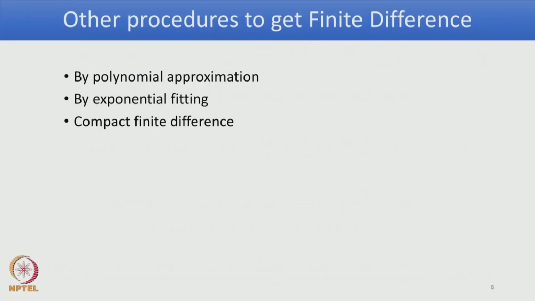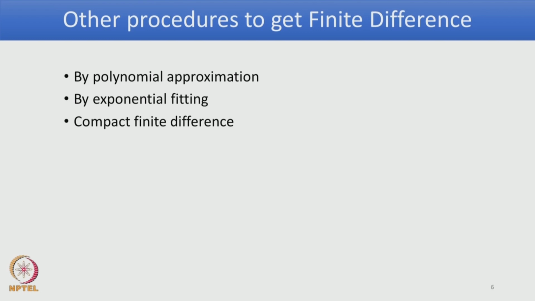Next, we are going to see another procedure. So far we have seen how to obtain difference formula only from Taylor series expansion, but there are also other procedures: polynomial approximation of a function, exponential fitting procedure, and there is also a different class of finite difference scheme known as compact finite difference scheme.